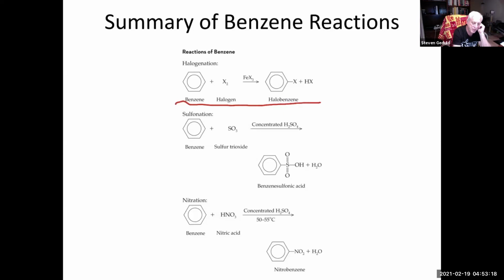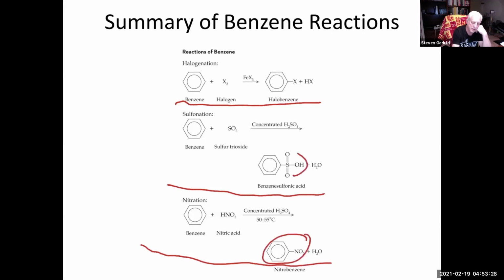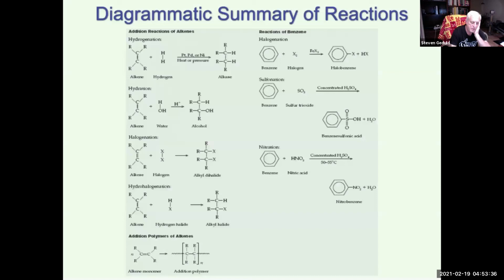Okay, this is your halogenation, this is your sulfonation, and this is your nitration. Again, it forms nitrobenzene, it forms benzene sulfonic acid, and it forms a halobenzene like benzoyl chloride. Okay, and there's your summary from the back of the book. Looks just like that. So you can refer back, get all your reactions in one place so you can see everything.